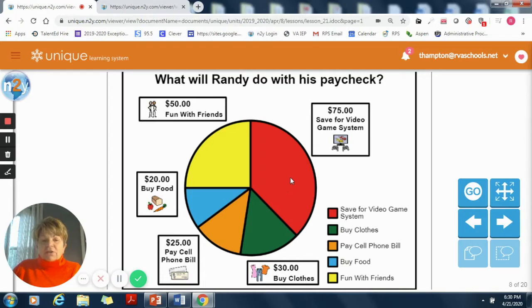Very good. So in this pie graph, we looked for our key right here that tells us how much each of these colors are worth and what they represent. And then here we have text boxes that help us remember or know how much money is for each section. So in this very large red piece, who remembers what he was spending a large amount of money on?